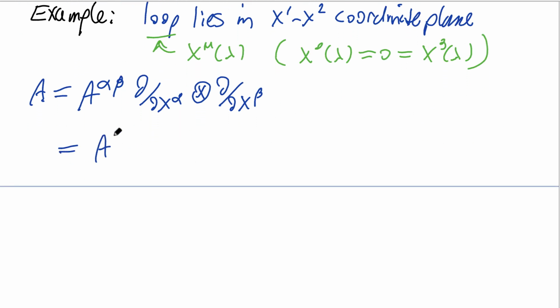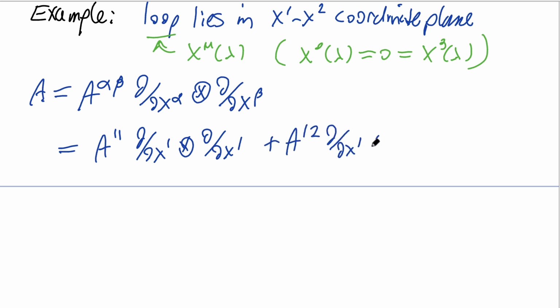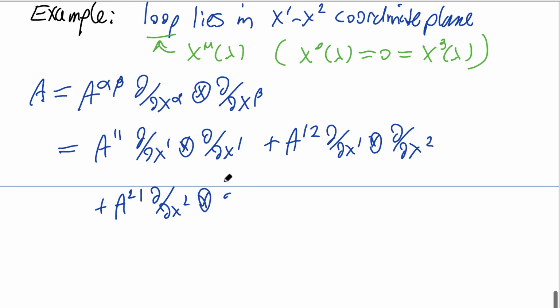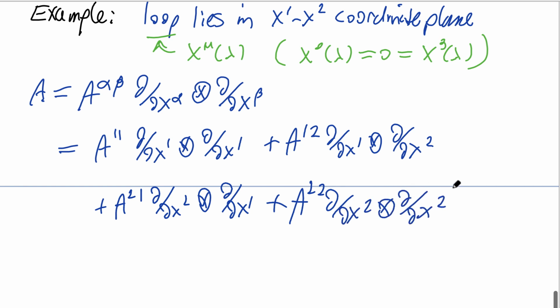So the tensor can be expanded as A11 partial with respect to x1 product with partial with respect to x1, plus A12 partial x1 partial x2, and so forth, plus A21 partial x2 product with partial x1, plus A22 partial with respect to x2 product with partial with respect to x2. So in other words, all of the components of A where either alpha or beta are equal to 0 or 3 vanish.